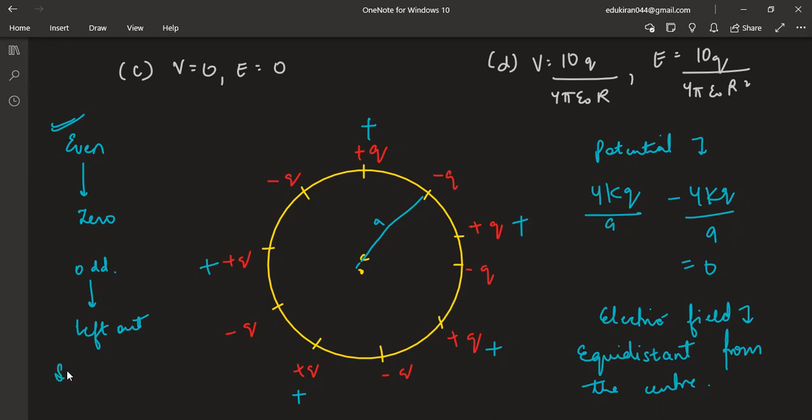Class, one more thing: when this is a symmetrical figure, always make the electric field 0 at the center, without even calculating it. Fine, without any calculations. So if it is equidistant, all will cancel each other. So this is how you write it. So that's why option C is correct.